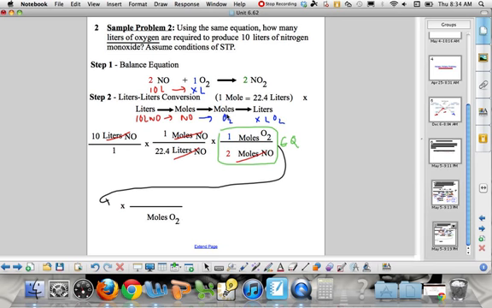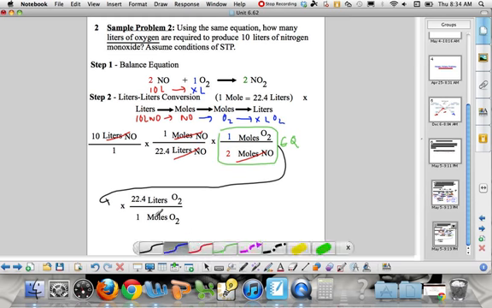I'm going to liters of O2, so I want the liters of O2 up on the top. And my conversion is that 1 mole is equal to 22.4 liters. So 1 goes next to my mole, 22.4 goes next to my liters. Moles cancel out, liters are up on top.